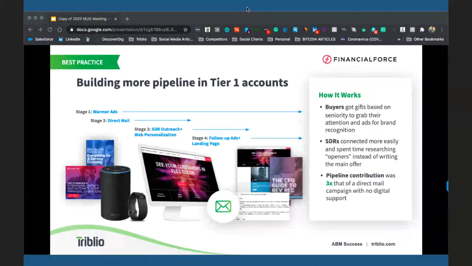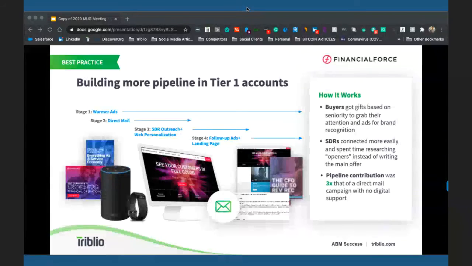It's set up over time to go through these various stages where these target accounts see a very specific message through a specific channel. They might warm up the account using ads. They might then score the account and automatically launch a direct mailer going out the door. In stage 3, they might use some automation like SalesLoft or Marketo to start doing some SDR outreach or even email air cover support for these SDR teams.